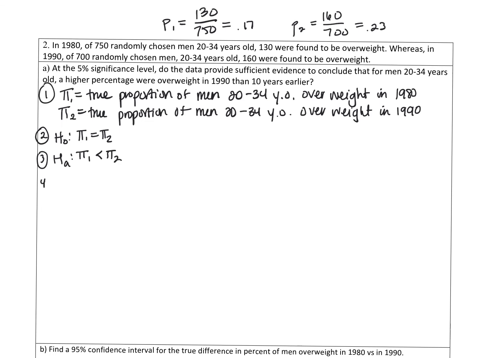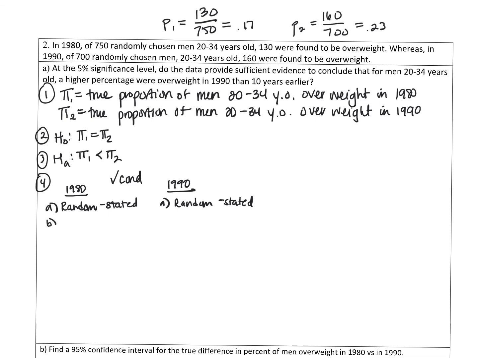Step 4, we're going to check our conditions. So we've got one for 1980 and one for 1990. Conditions for this sample, part A, is it random? Yeah, it's stated for both.